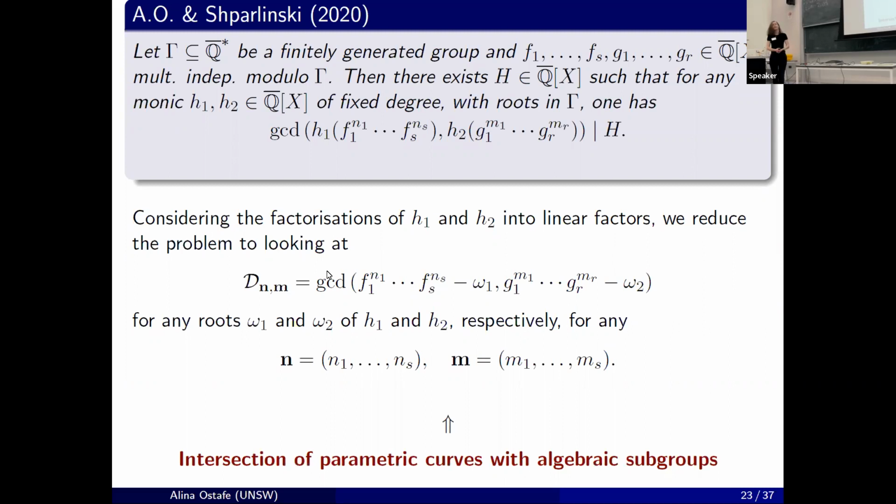And this is exactly the case of intersection of parametric curves with algebraic subgroups that I mentioned. That is the results of Bombieri, Masser, and Zannier, and the generalization by Maurin by considering the functions just being multiplicatively independent.